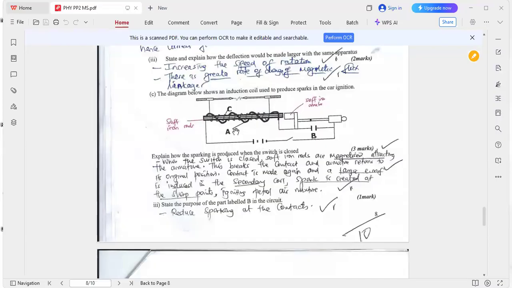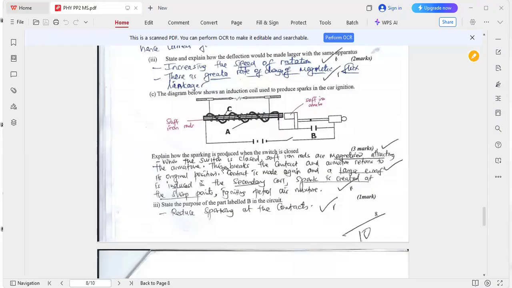Then what happens next? The soft iron rods are demagnetized. Hence, the soft iron armature goes back to its original position. As it goes back to the original position, the contact will be made again. So the process keeps on repeating.